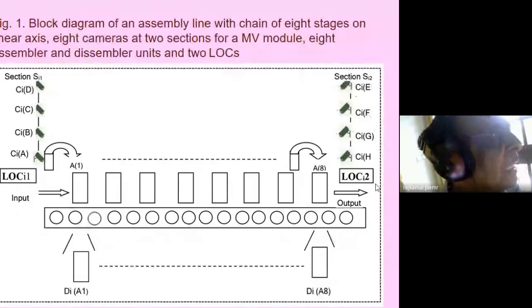This camera focuses on the first stage, this on the second stage, this on the third, this on the fourth, and these cameras are for the fifth, sixth, seventh, and eighth stages. So we have assumed 8 stages and 8 cameras. In the assembly line, the input comes from this direction and the output parts go out from this side.